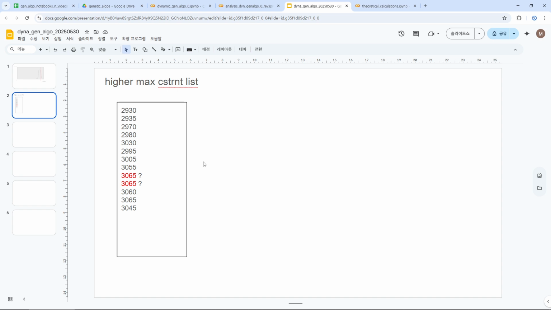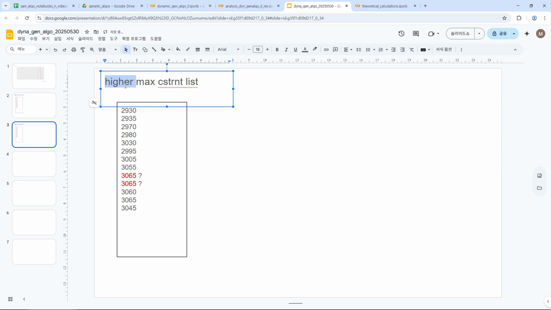But like I said, interesting things happen when you either set the maximum constraint percentage in the range of 65 to 75%, or when you have resulting maximum constraint percentages in that range.